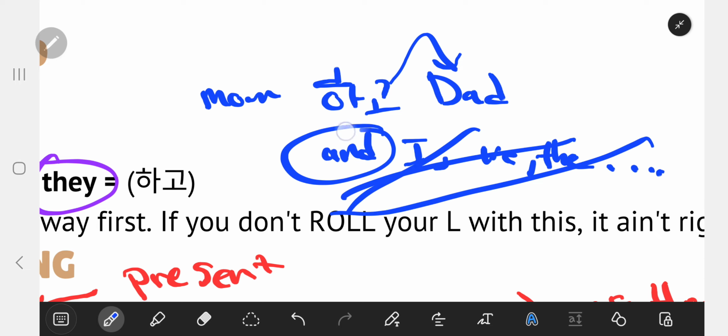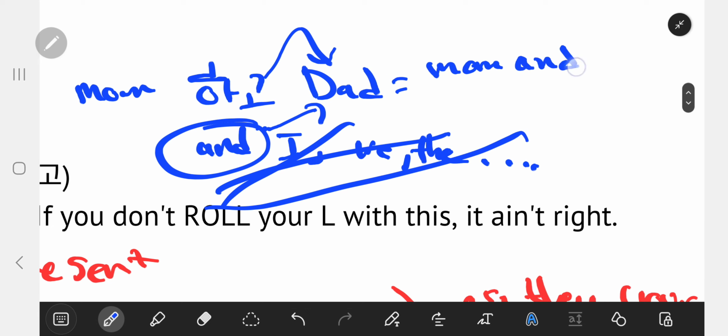It's just gone. It only means "and," because we for sure know that dad is coming after the 하고. So that just means mom and dad. Not mom and dad and I. It's just mom and dad.